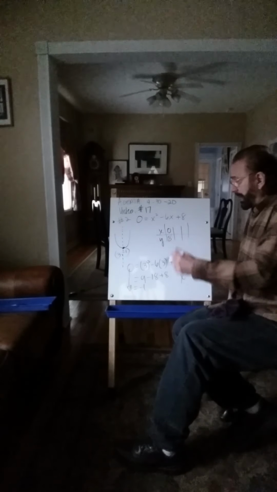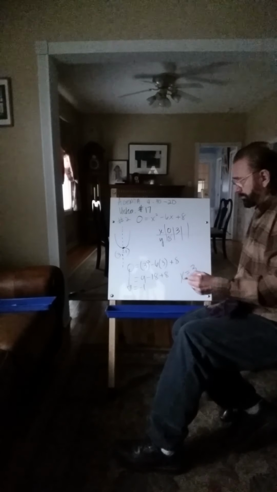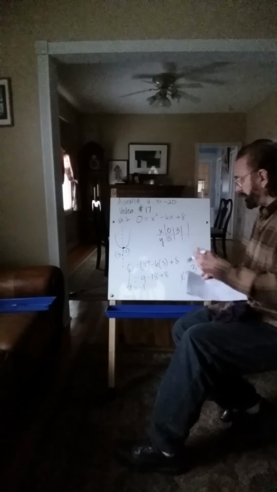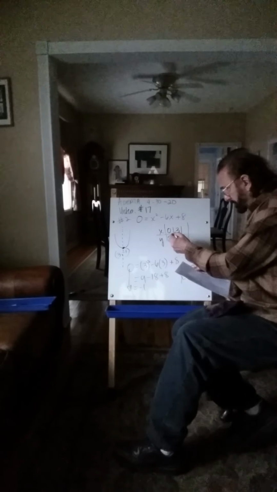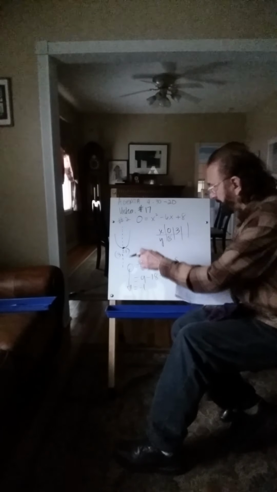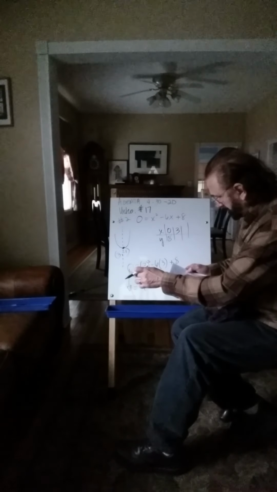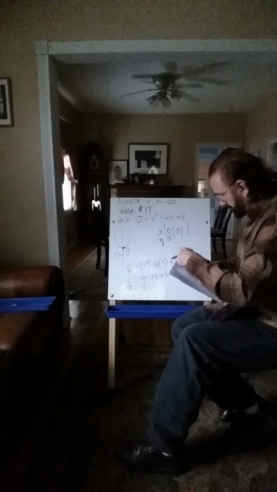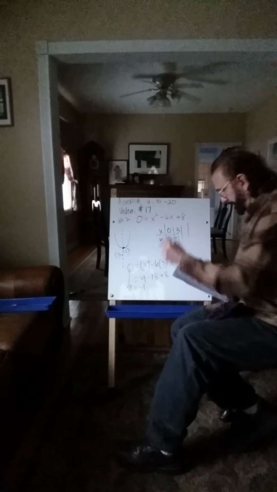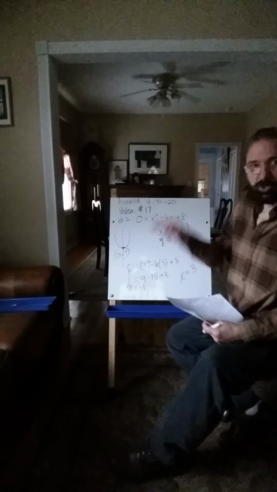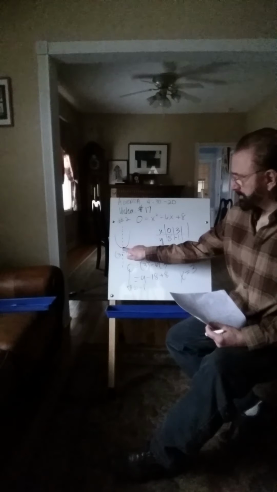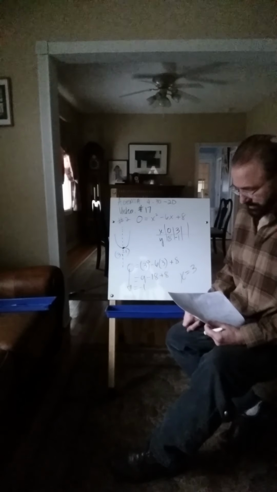When x is 3, y is negative 1, so the vertex is below the x-axis.